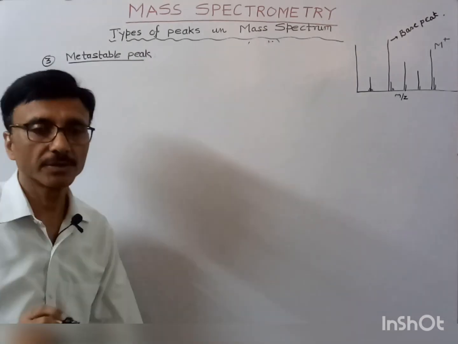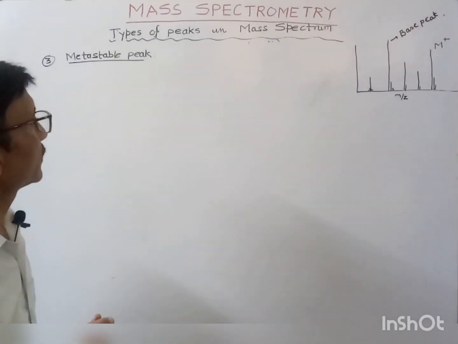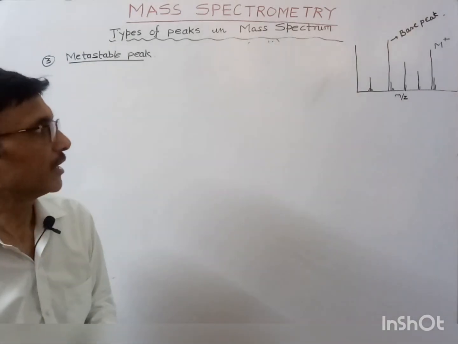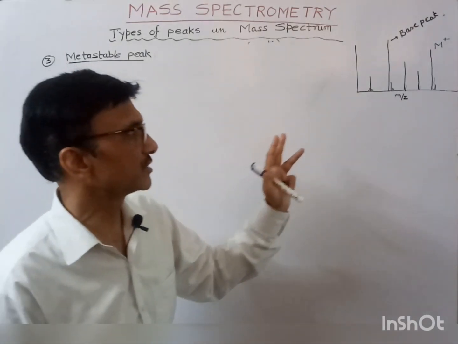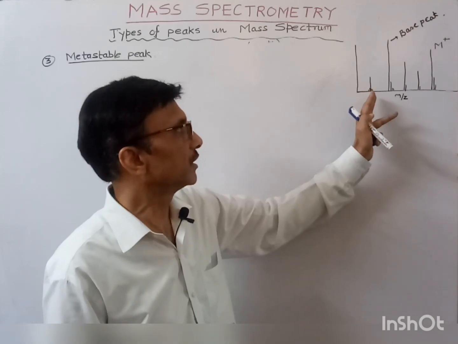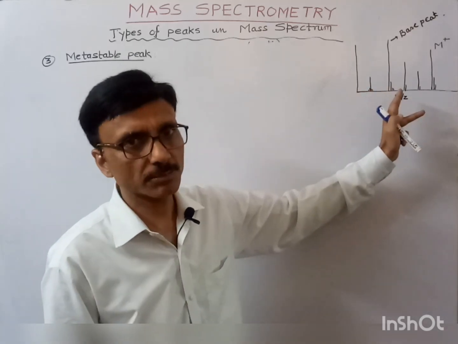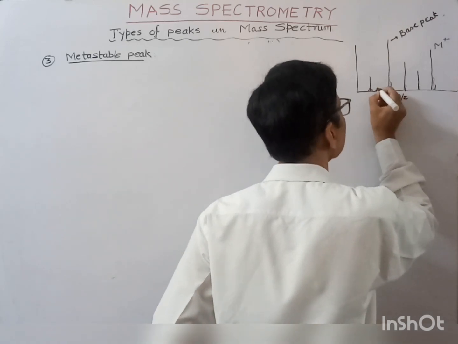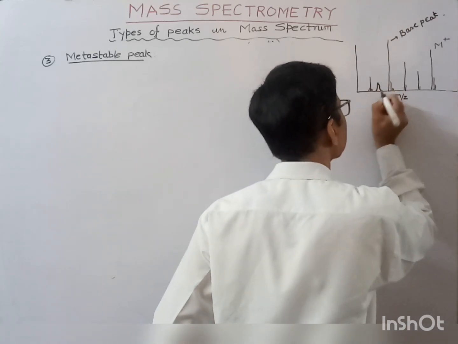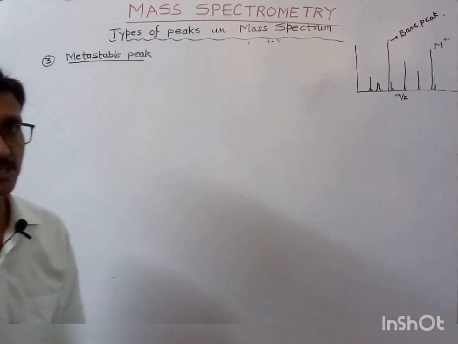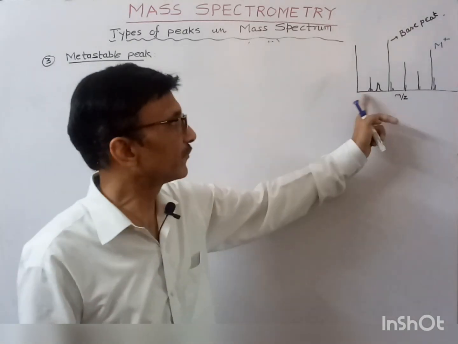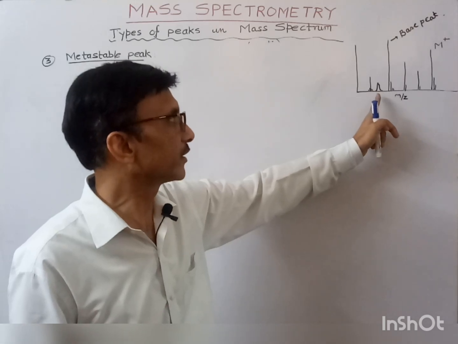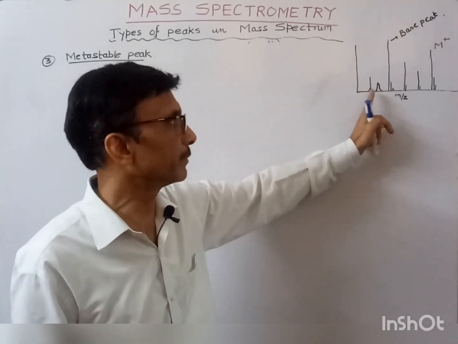Metastable peak. Now here in this mass spectrum, I have not shown any metastable peak, but if I want to show, let us say this is the metastable peak here. This is quite different from this peak. We can easily recognize this metastable peak in comparison to this.